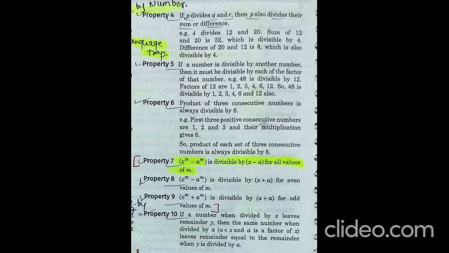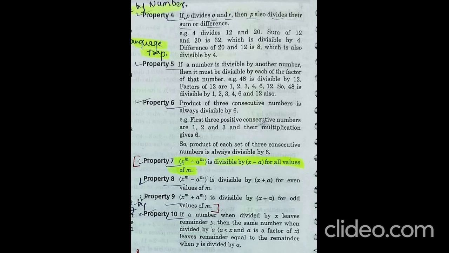If we subtract them, then it must be divisible by x minus a for all values of m. The next point, x to the power m minus a to the power m is divisible by x plus a for what values? For even values of m.